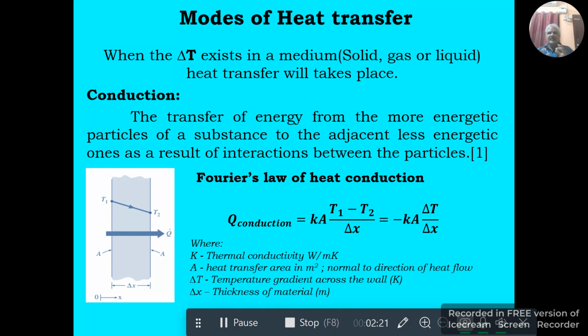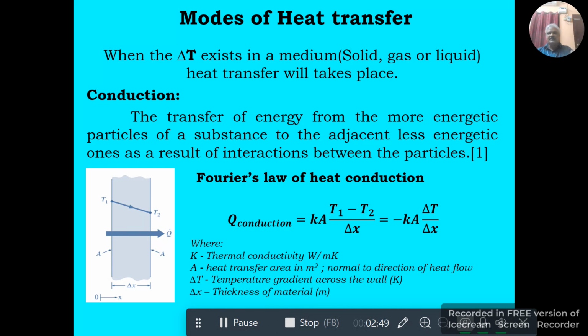Thermal conductivity is defined as the ability of the material to conduct heat, A is the heat transfer area measured normal to the direction of heat flow, and ΔT is the temperature difference between the respective ends. Always keep in mind that heat transfer takes place from the high temperature surface to the low temperature surface, and Δx stands for the thickness of the material.